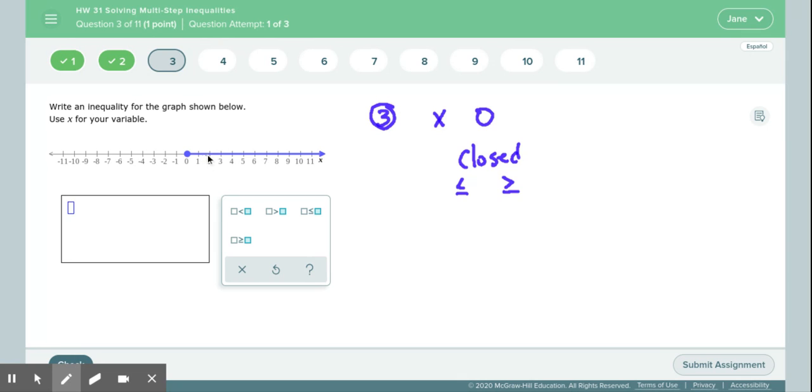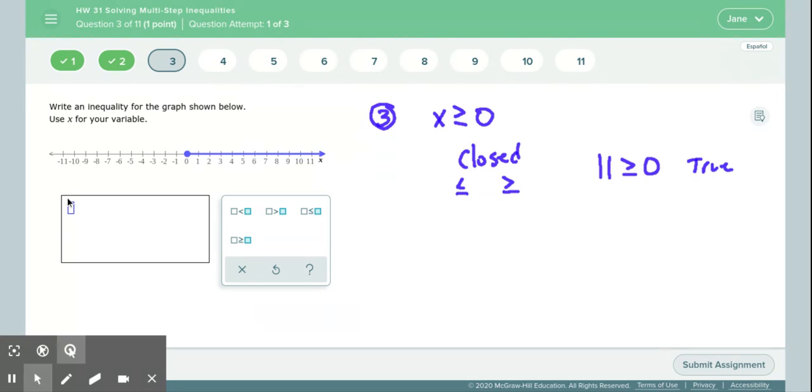So these values, 1, 2, 3, 4, 5, all of those numbers are bigger than 0. And then since it's a closed circle, I need to make sure to include my underline, which means or equal to. So what this is saying is if I plug in any of these values, such as 11, I can check my work off to the side. If I plug in 11, is 11 greater than or equal to 0, true or false? And since it's true, that's telling me that I have the correct inequality.